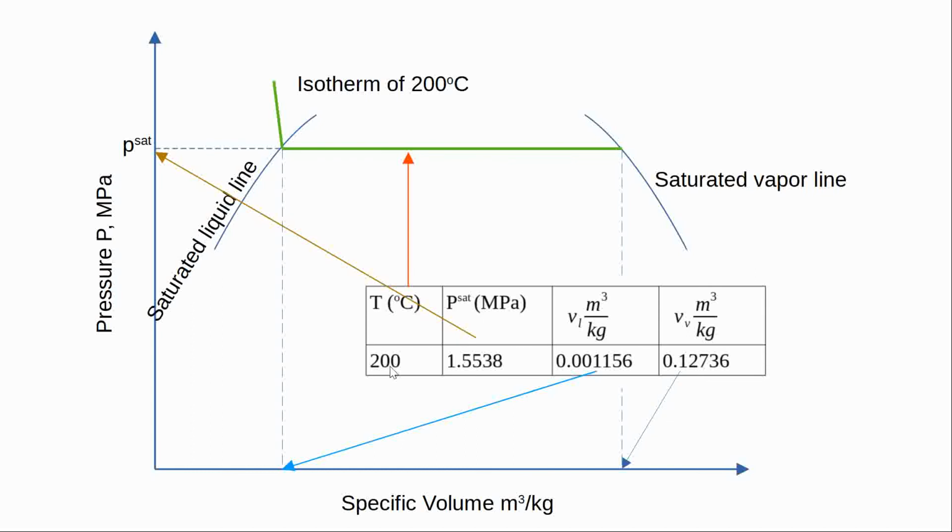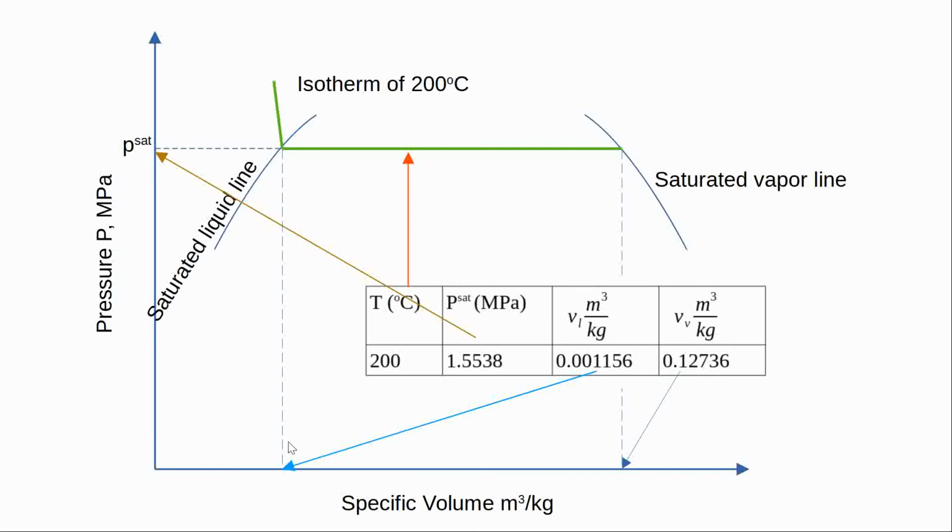Now the temperature here is the temperature of the isotherm, which is shown by the green line. The Psat is the saturated vapor pressure. It is the pressure at which the liquid or water starts boiling at 200 degrees Celsius.